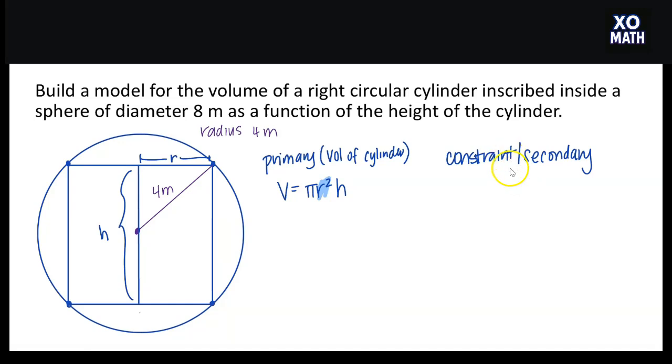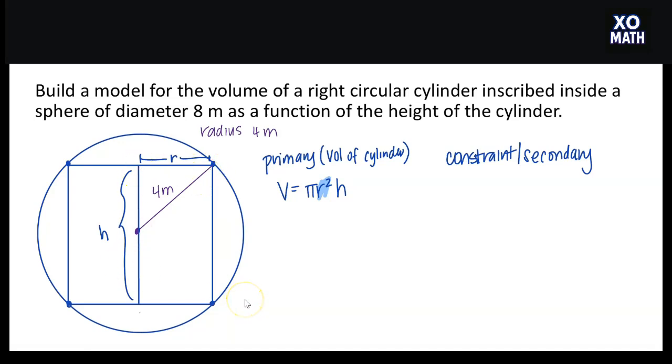And when we're thinking about building our constraint equation, we have to involve what we're restricted by, what our limitation is. And our limitation is that this cylinder is stuck inside of the circle. So basically I'm trying to relate h and r somehow to the only piece of information I know about the circle, which is the radius. So how do I relate r, h, and this radius here of 4?